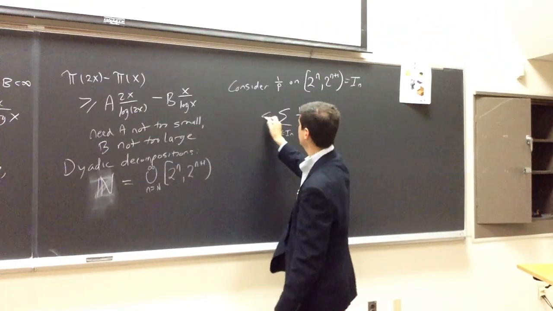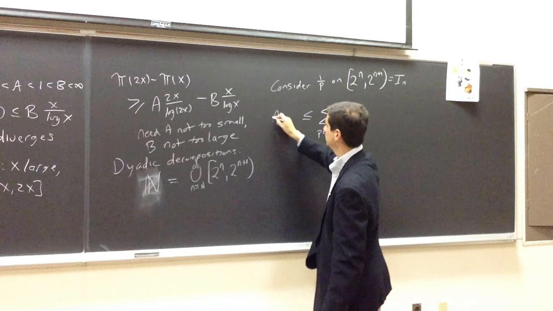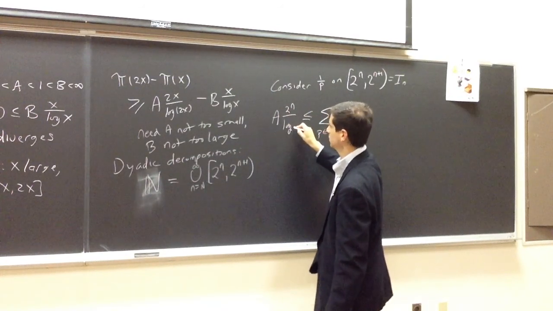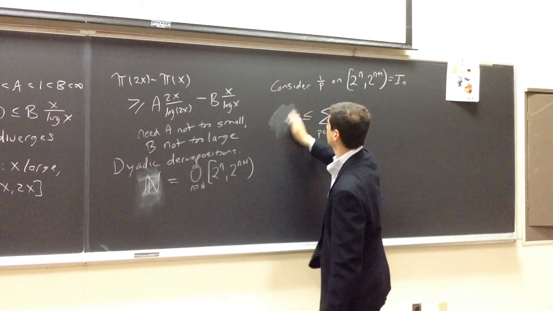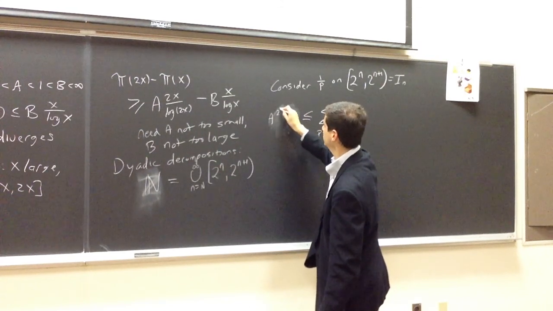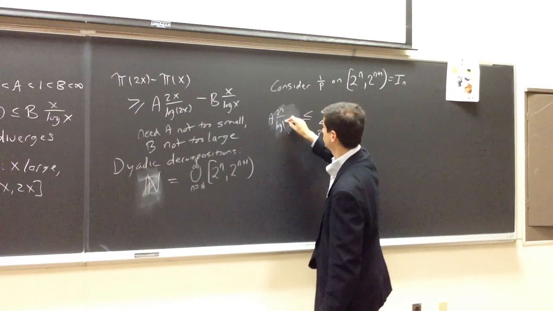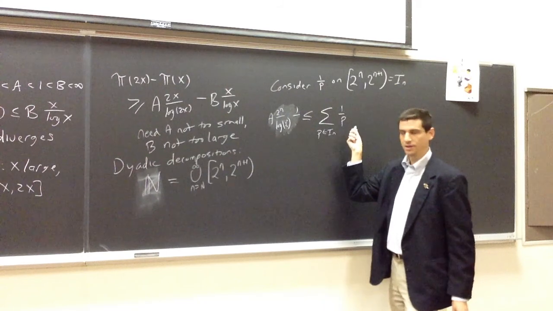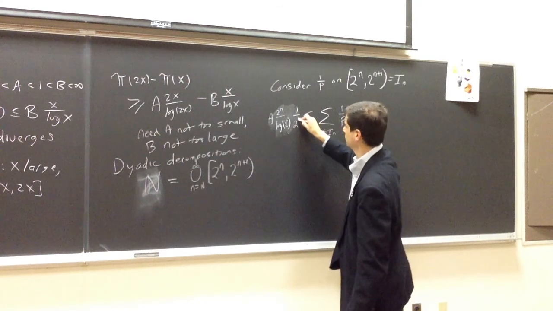So this has to be greater than or equal to a times 2 to the n over log 2 to the n. That's the number of primes. And now I have to multiply by 1 over the prime, and the prime is 2 to the n.